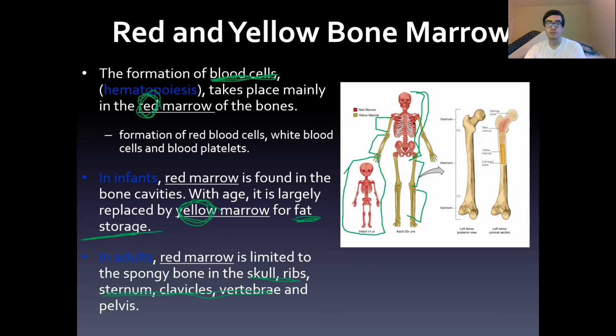So skull, ribs, spine, and the two girdles, the pectoral and the pelvic girdle. And then yellow marrow is what goes into our arms and our legs. So the most important things to remember is that red marrow does the blood cells and yellow marrow stores the fat.